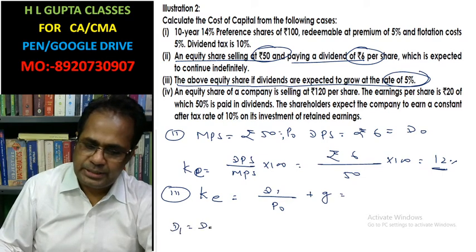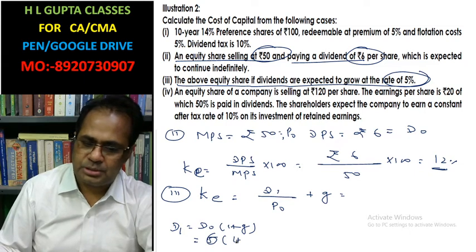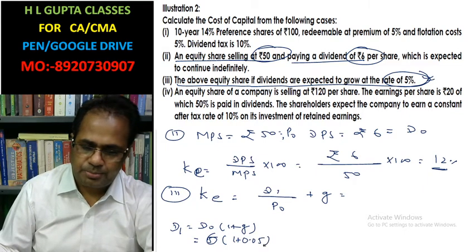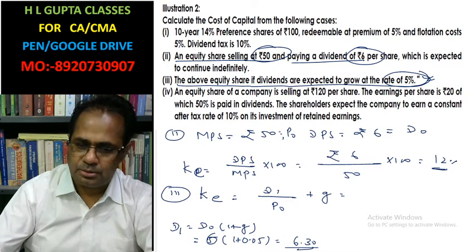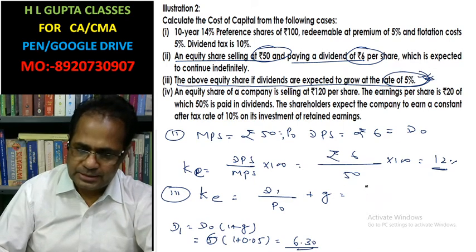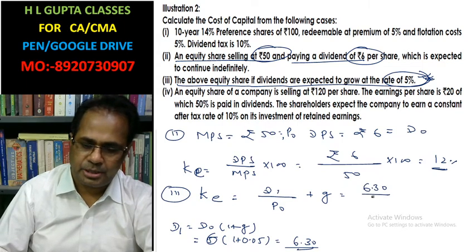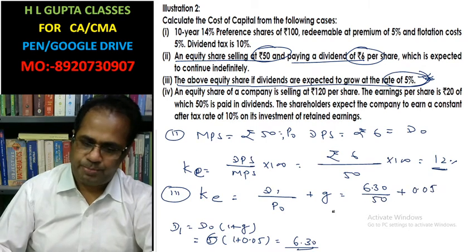D1 is D0 into (1 plus g), that is 6 into (1 plus 0.05), which is 6.30, and the growth rate is 5%.